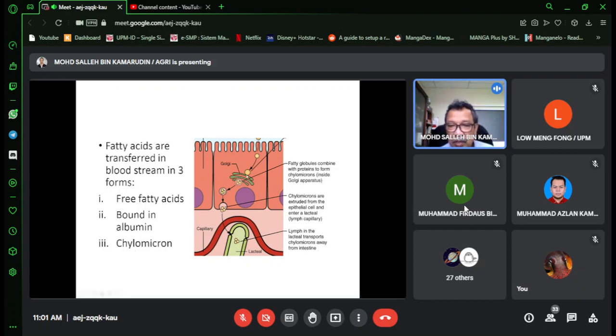The chylomicron biasanya dia jadi bila dia pass through the Golgi apparatus. Free fatty acid, it will combine with the protein in the Golgi, it becomes chylomicron.